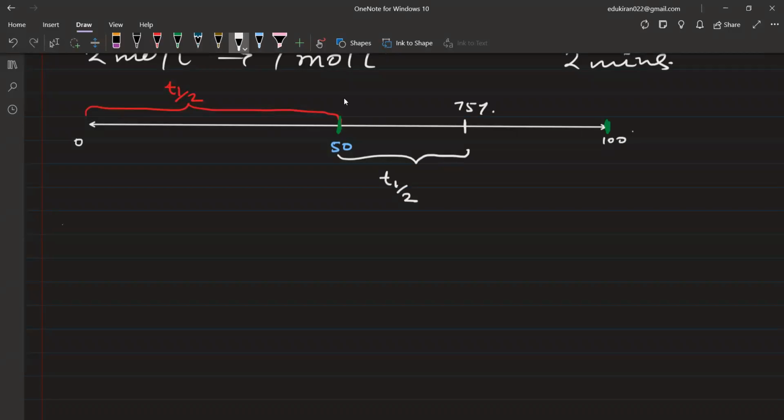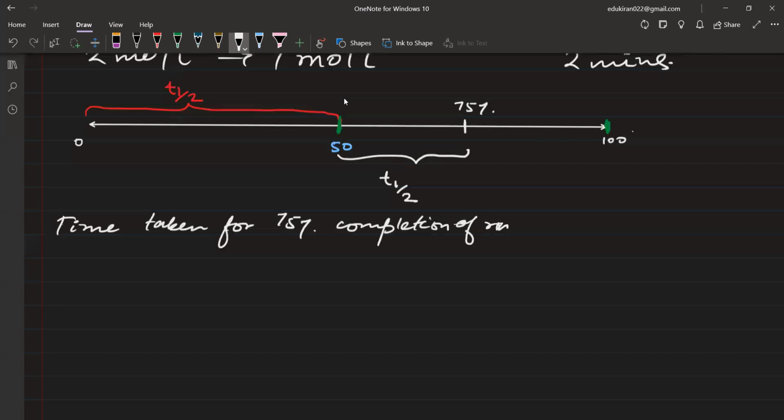Now what I can say, time taken for 75% completion of reaction is equal to T half plus T half, right? That means it is equal to 2 times the T half.